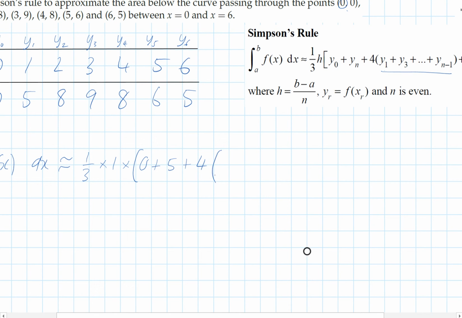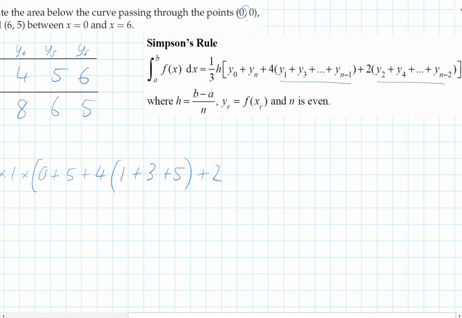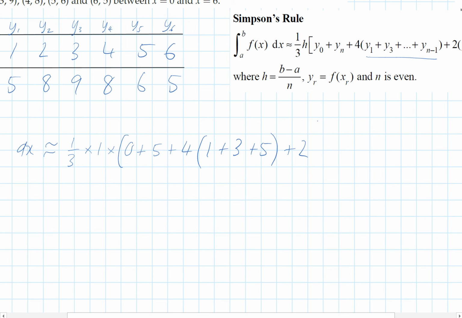That's going to be 1 and 3 and 5. And then plus 2 times all our even interval ones. Now I've just written in the wrong ones there as well. So that should be 5 and 9 and 6. So all our even ones are going to be 8 and 8.